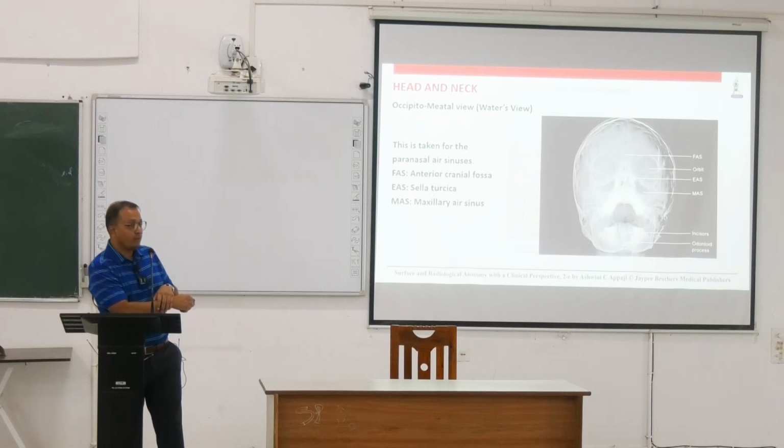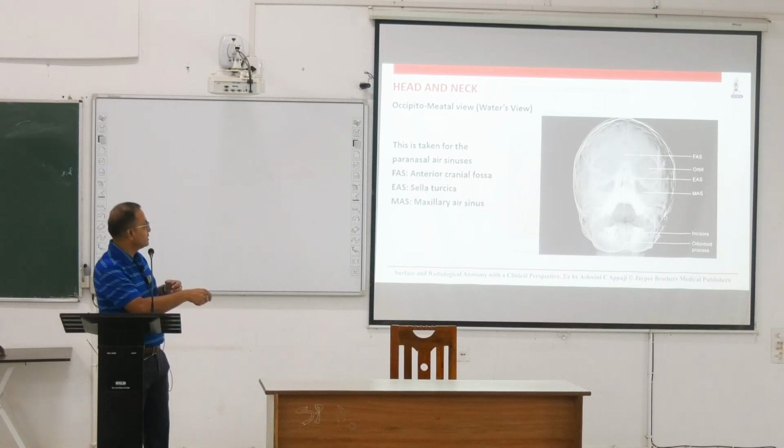Now, in this view, we explore the paranasal sinus present by the side of the nose very well, which is the maxillary sinus. We understand the depth of the maxillary sinus, whether you have any accumulations or not, and whether there is any mucosal thickening.